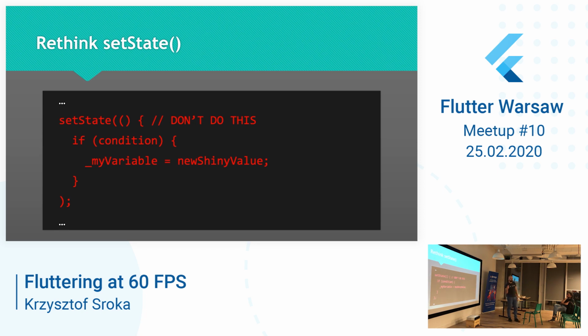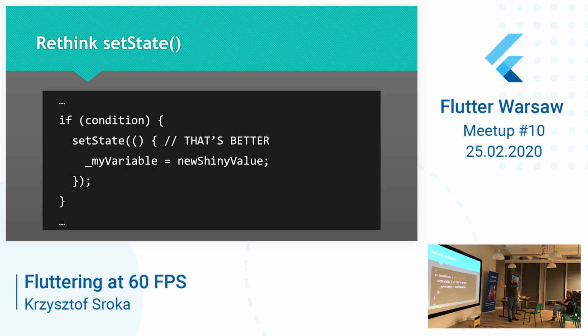Or if the value doesn't pass the threshold to trigger a change, don't do that, because setState is not, as I said, there's no state really. It's not going to find out that you've changed the value of some field. It's just going to run without any discrimination. So if you have some checks and a condition when you want your UI to rebuild, you put that around the setState.